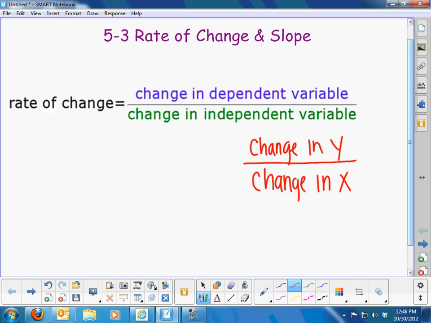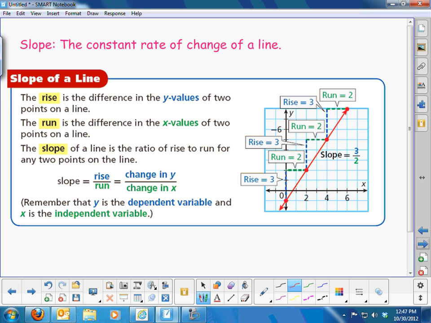Now rates can be different. If you're given a set of data, I could have different rates of change among all of my data points. However, I have a real special case where my rate of change is constant. Constant means it doesn't change. So if my rate of change stays the same for all of my data values, I get something that is called slope.